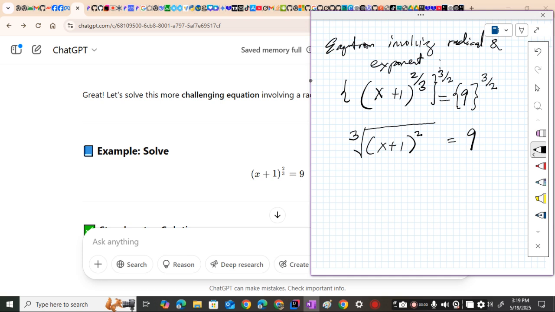It's simply because 2/3 multiplied by 3 halves reduces to 1. So this cancels the 2 and 3. So effectively, we have an expression x plus 1 equivalent to 9 raised to 3 halves.